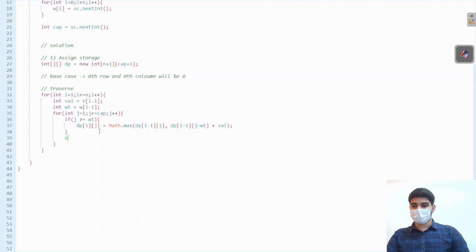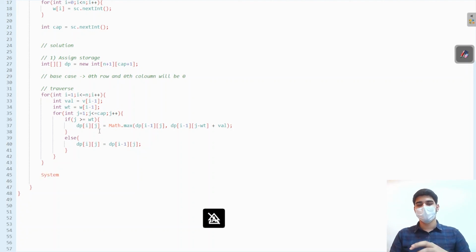If this is not the case, I can only exclude myself. That means dp of i j would always be dp of i minus 1 j. After running through these loops, after traversing and solving, I would have my answer at dp of n, capacity.